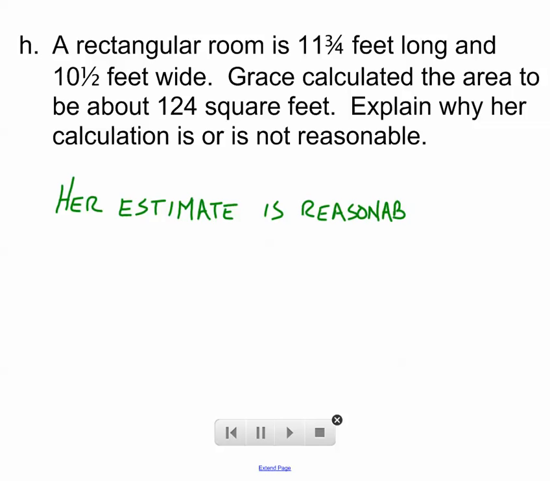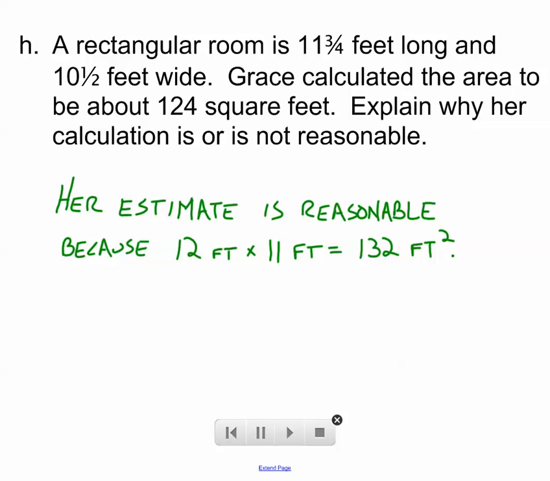And I'm going to defend that answer. It's reasonable because a 12-foot room by an 11-foot room is about 132 square feet. So on the high side, if we rounded both of those dimensions up to the next whole foot, her room would be 132 square feet.